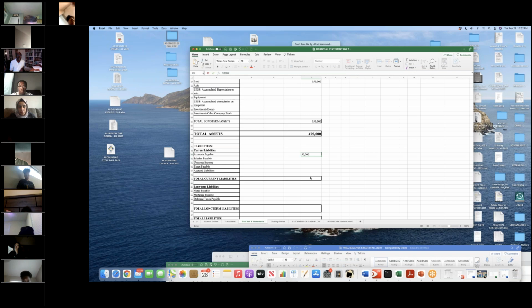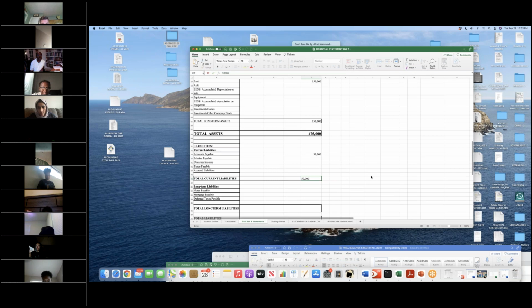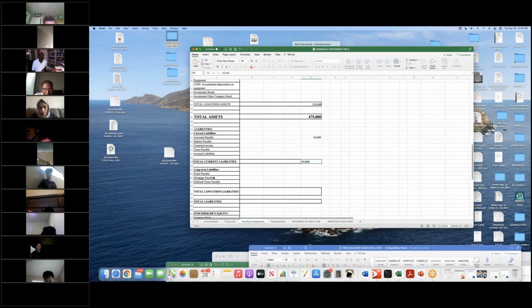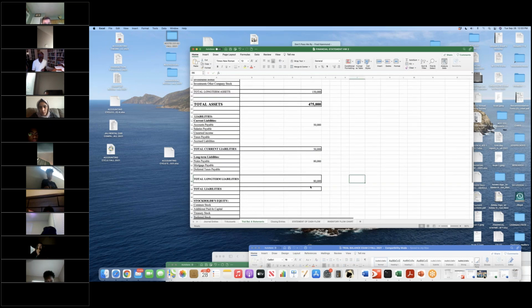And that's our only current liability, correct? So it's 50,000. Notes payable, how much we have? 80,000. So total long-term liabilities is 80,000. So what are our total liabilities? 130. And that's what? 50 plus 80,000 gives us 130.